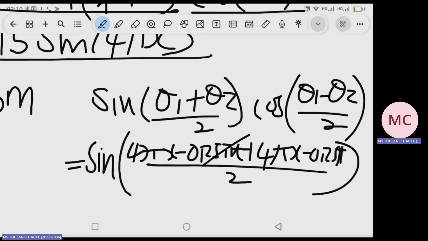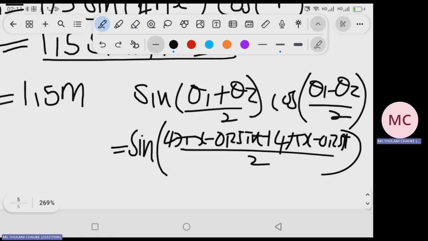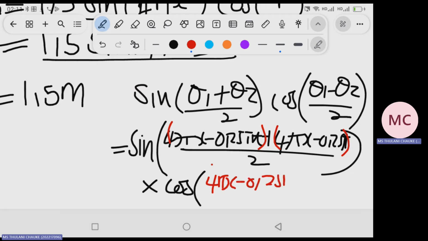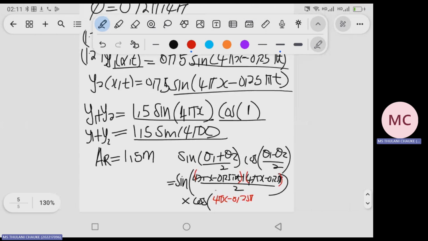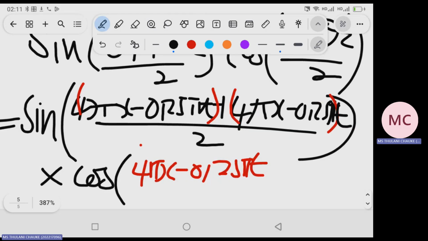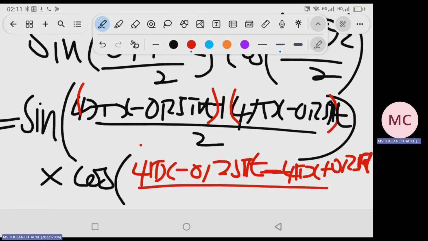For the part for cosine, you subtract: 4 pi x minus 0.25 pi t minus 4 pi x plus 0.25 pi t, all over 2.